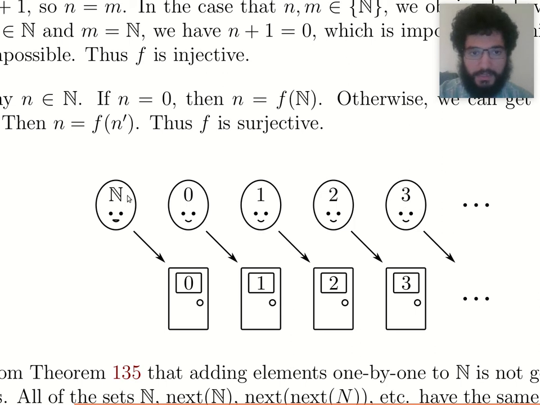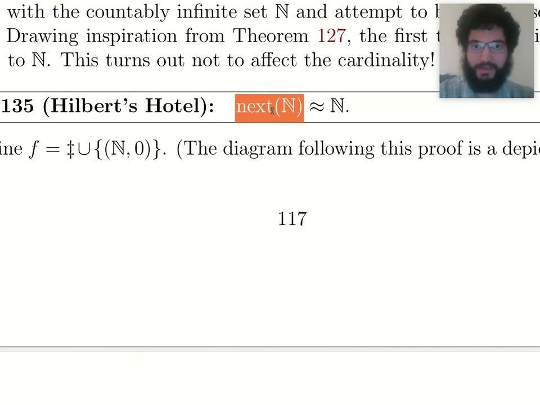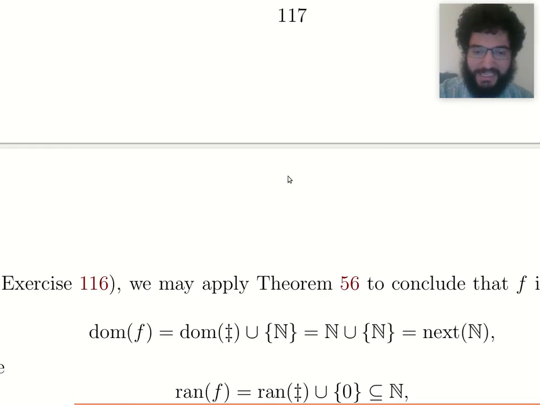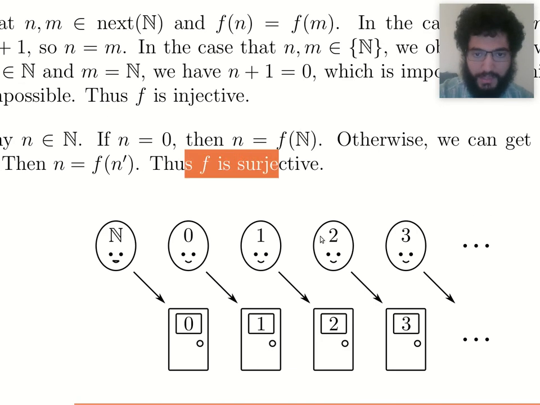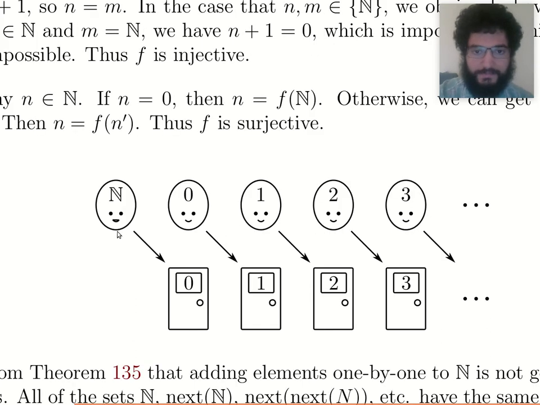And this guy, the set of natural numbers, is a new additional resident that we're introducing who lives in this set, right? Next of a set is the set with the original set thrown in as an element. So next n consists of all the elements of n, plus n itself thrown in as an additional element. So these are all the elements of next n.